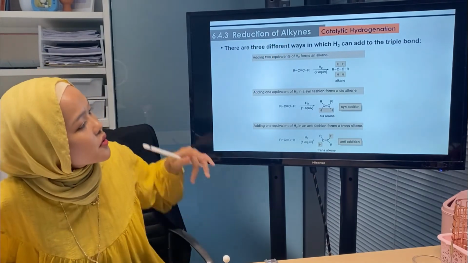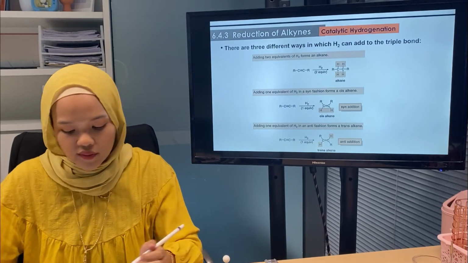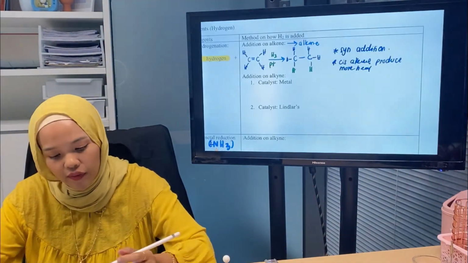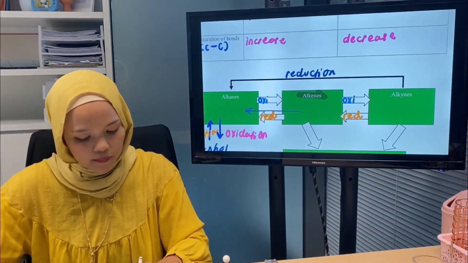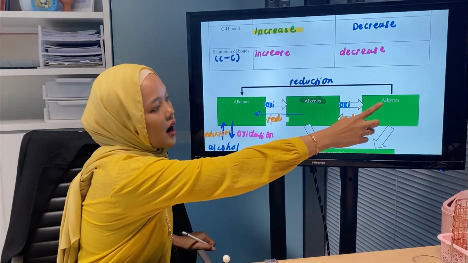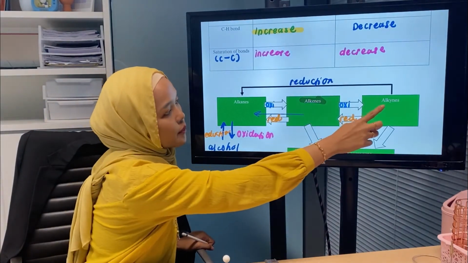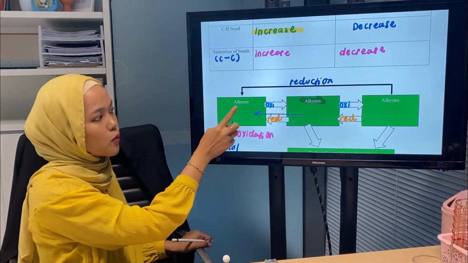Now I am going to move to the reduction of alkyne. If you carry out a reduction, you can produce either alkene or straight away produce alkane.